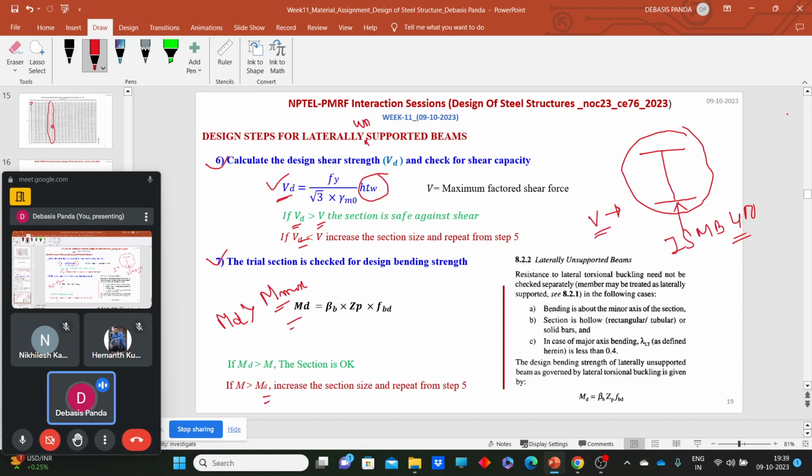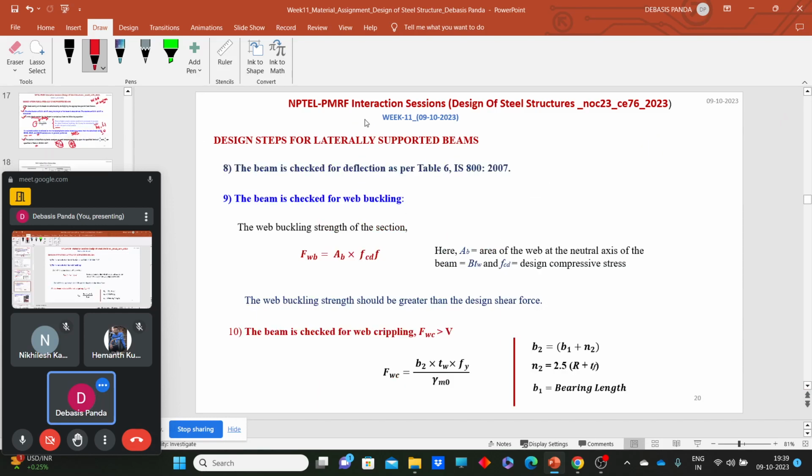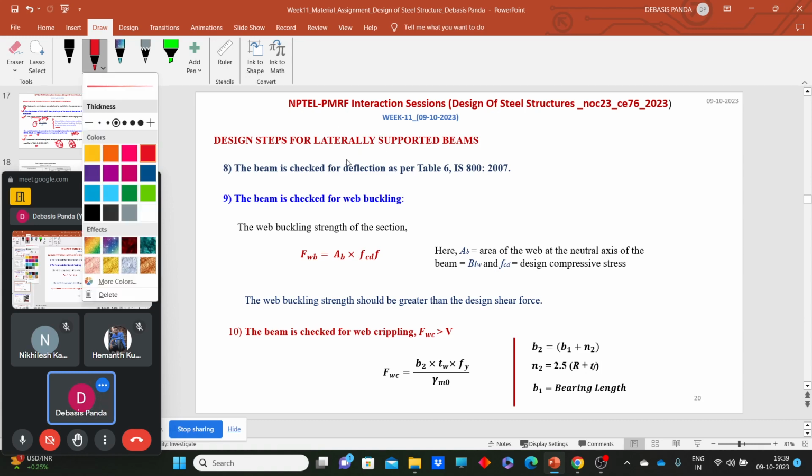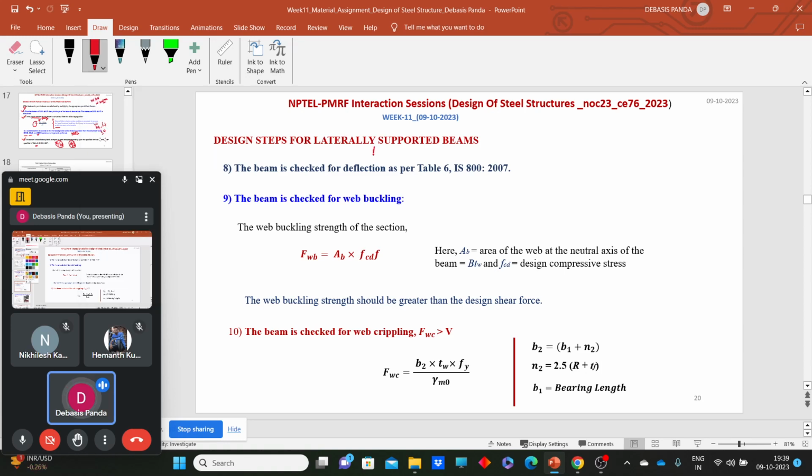Okay, so now we need to go for checks. First check, obviously, the deflection check. For the deflection check, first we need to calculate the maximum value of deflection. The maximum value of deflection will depend on your support condition and maximum load.